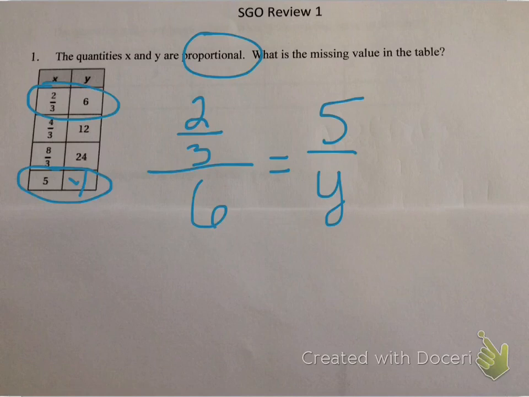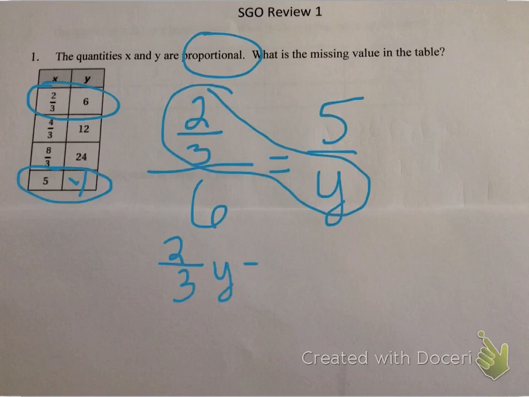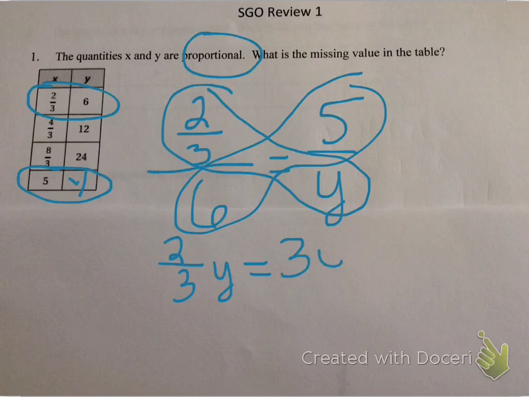Okay, you find your cross product property, 2/3 times y, which is 2/3 y, and then 5 times 6, which is 30. You solve your one-step equation by getting y all by itself. In order to get y by itself, you multiply by the reciprocal, because you don't divide fractions. Multiply by 3 over 2 on both sides.